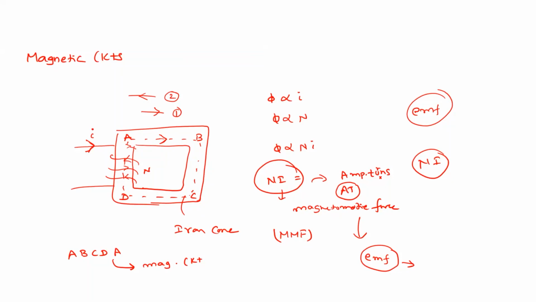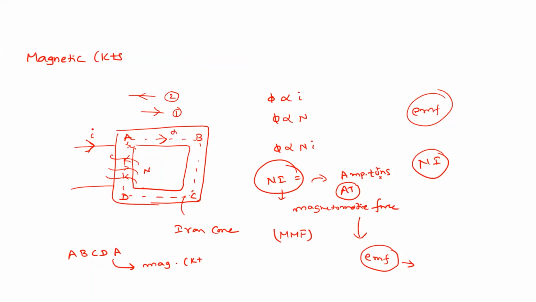Okay, I will tell you the definition. The work done in moving a unit magnetic pole once around the magnetic circuit is known as MMF. What is the main thing about this MMF? It determines the amount of flux that is set up in the magnetic circuit.